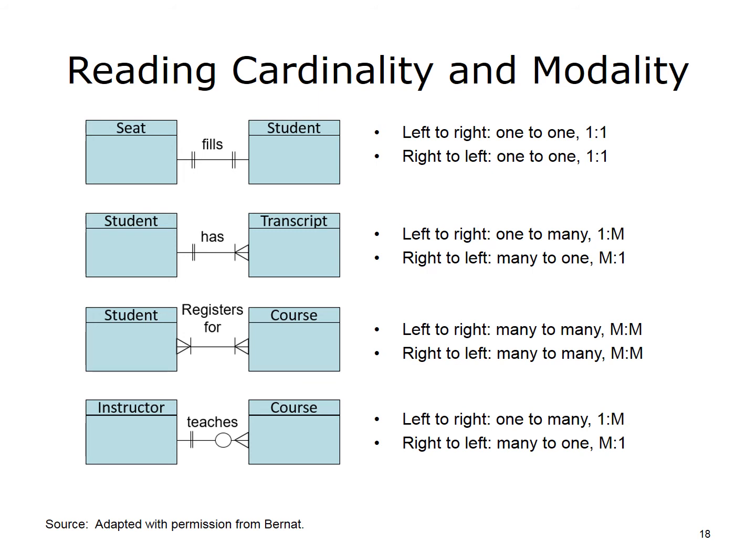The student registers for course example shows left to right, many-to-many, MM. Right to left, many-to-many, MM. The instructor teaches course example shows left to right, one-to-many, 1M. Right to left, many-to-one, M1.